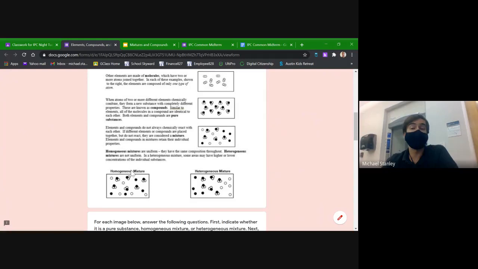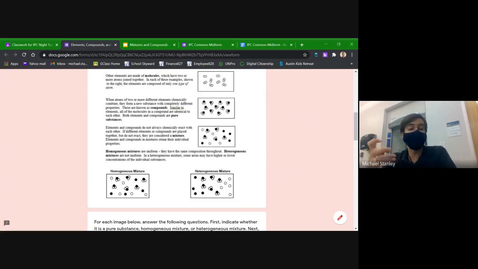And then if we compare that to our heterogeneous mixture picture over here, we can see that all the black elements are kind of clumped over on the left-hand side. All of the white elements are clumped over on the right-hand side. And all of our compounds are clumped kind of right in the middle, right here.